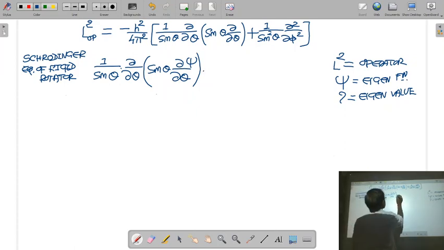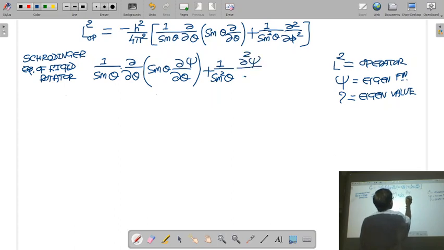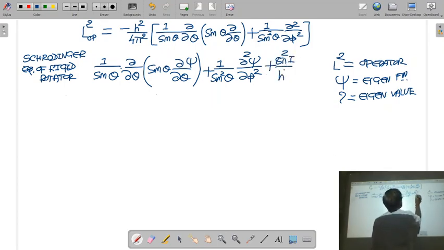Second term is 1 upon sin square theta, d square psi upon d phi square, plus 8 pi square I upon h square E psi is equal to 0.